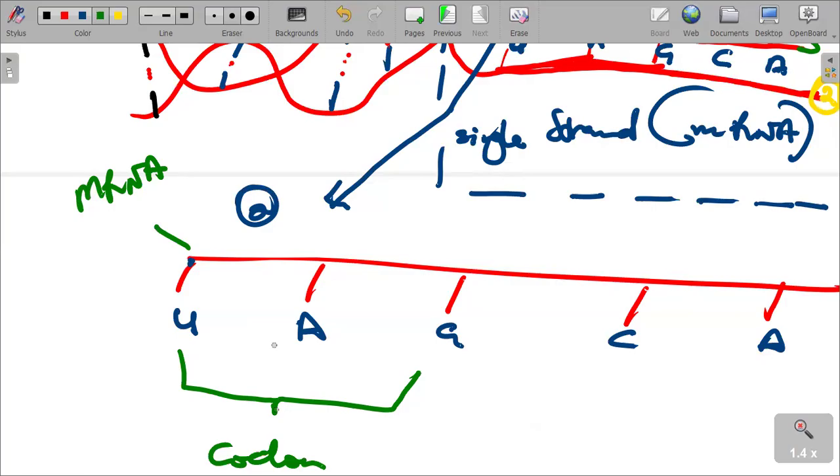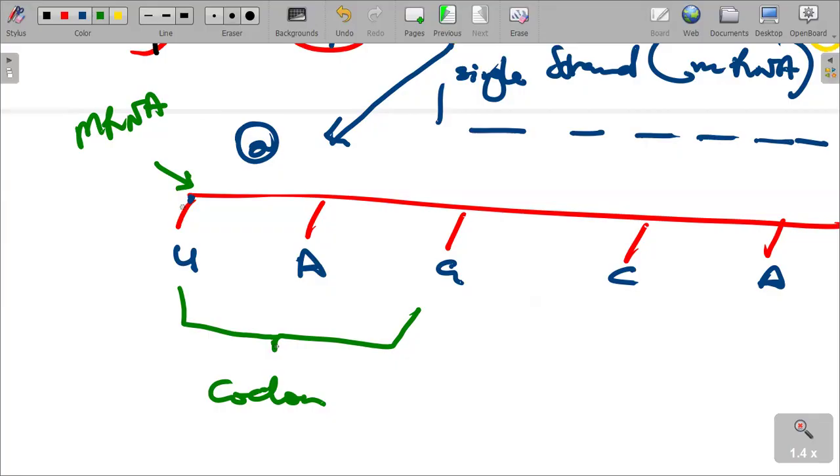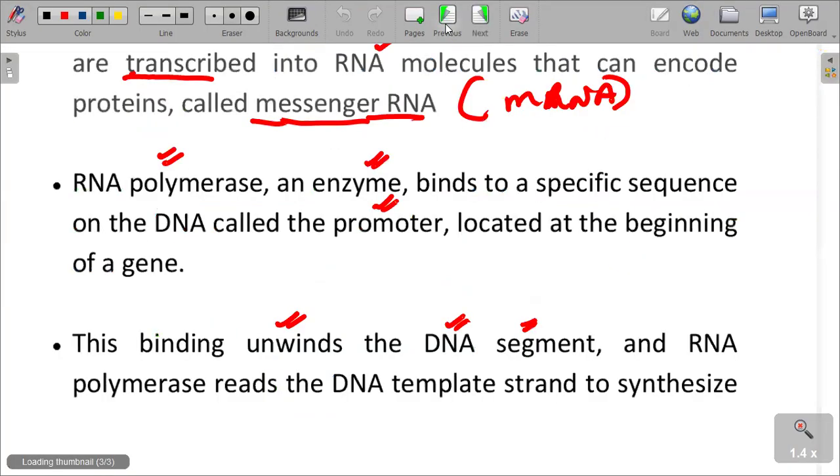I want us to understand that when the process is completed and the mRNA lies as a single strand, it moves out of the nucleus. How does it move out of the nucleus? I told you there are nuclear pores, which I labeled in the first diagram.